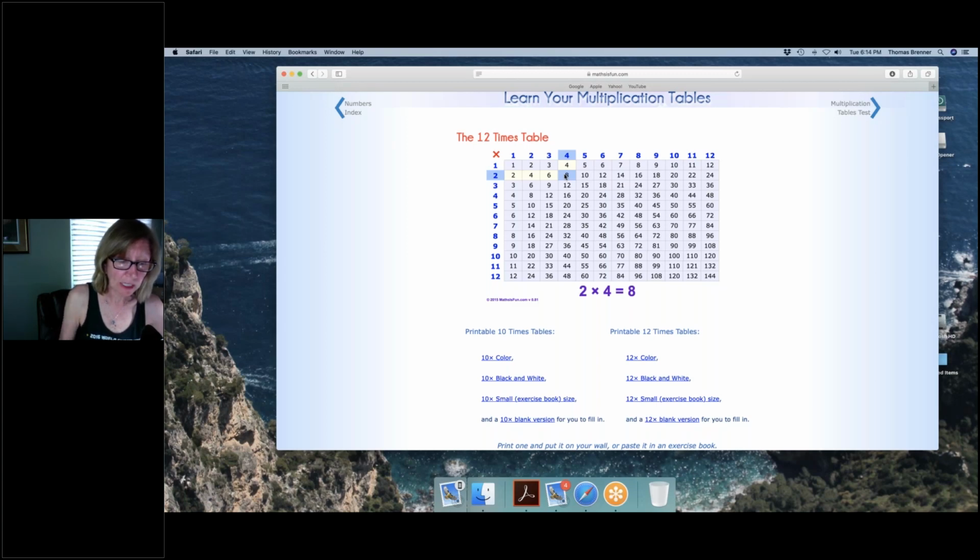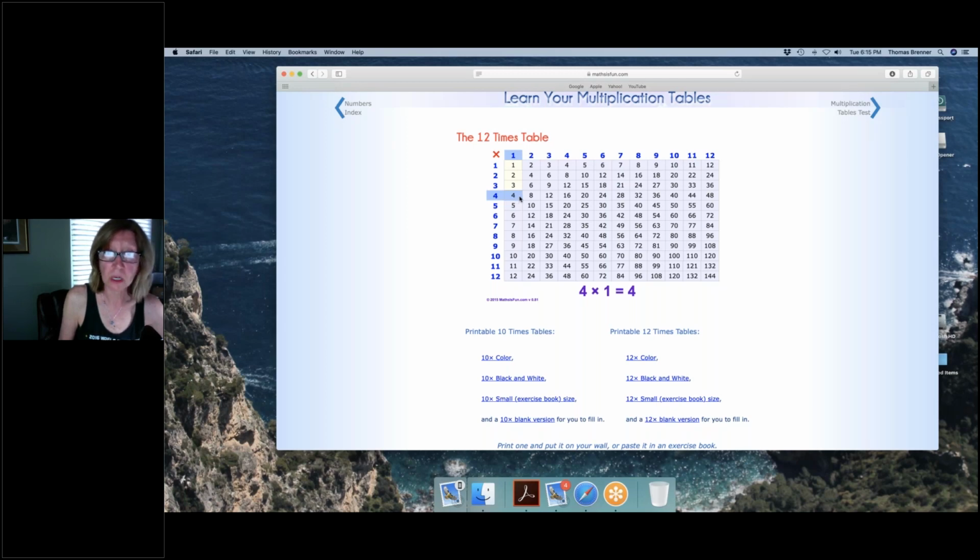Multiplying by 4 is doubling twice. So if we come down to 4, 4 times 1 is doubling 1, which would be 2, and then doubling it again, which would be 4. Or if we were adding, 1 plus 1 plus 1 plus 1 equals 4. This is just a quicker way to get to the same result.